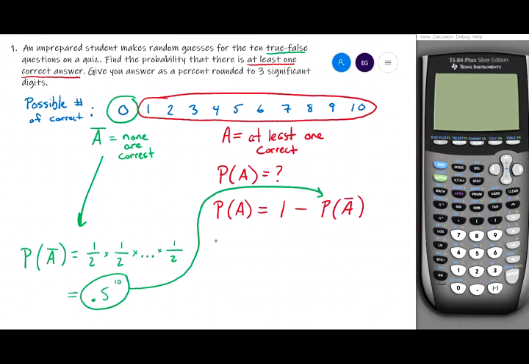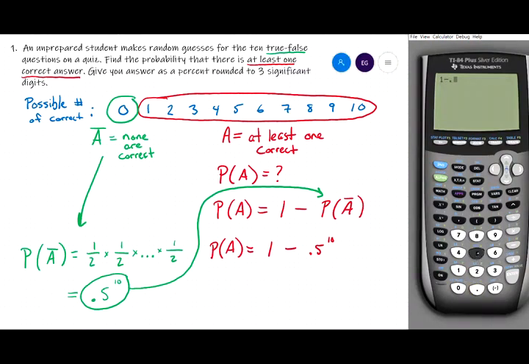And we'll come back to the probability of A. So the probability of A is equal to 1 minus 0.5 to the power of 10. And this is a job for the calculator. So let's say 1 minus 0.5 raised to the 10th power.